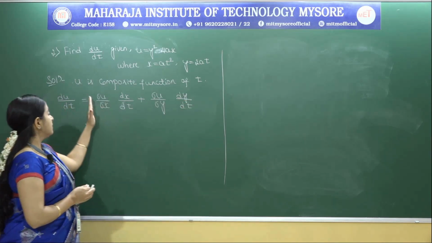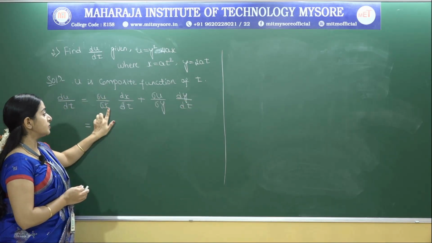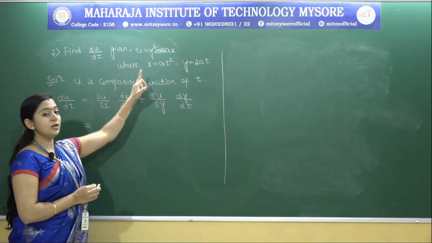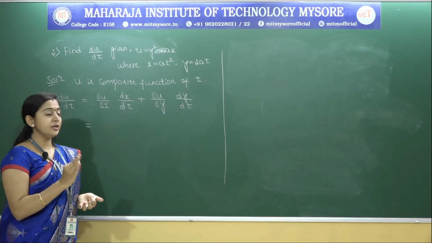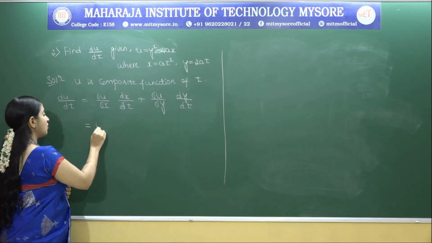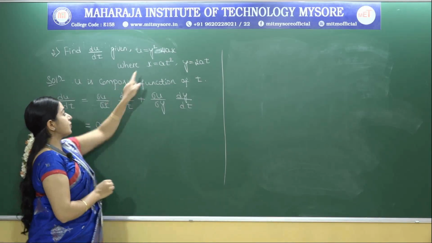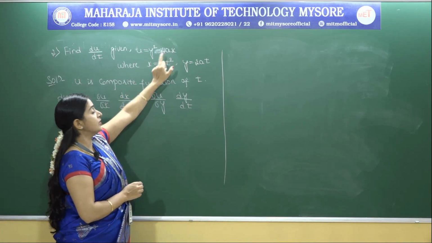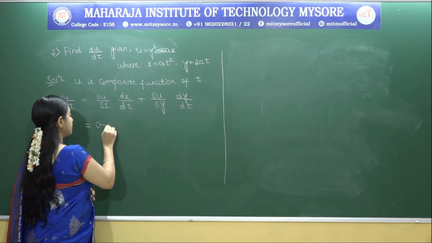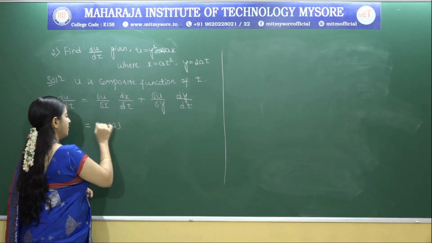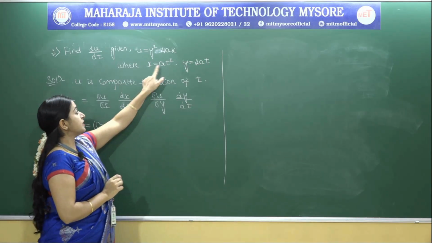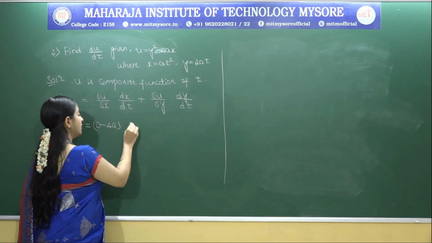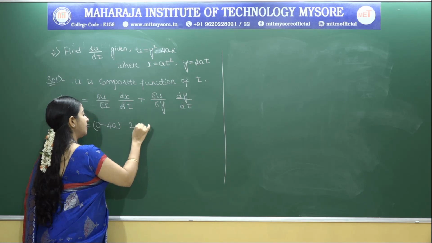So for the first term, you differentiate u with respect to x, that is a partial differentiation, keeping the y term constant. Since the y term is constant, the differentiation of y square is 0, x differentiation is 1, and since you have the negative sign, you write minus 4a. Next, x with respect to t, differentiate at square, you will get 2at.